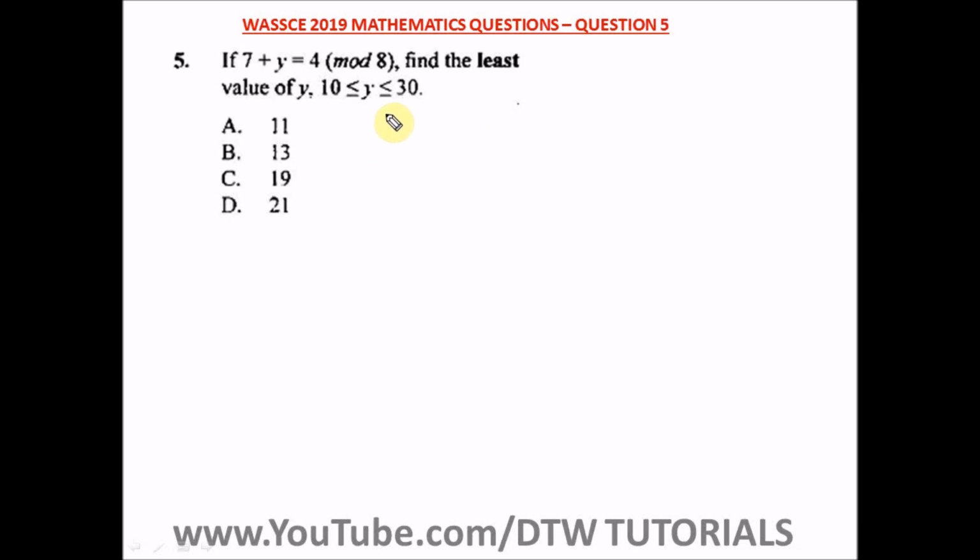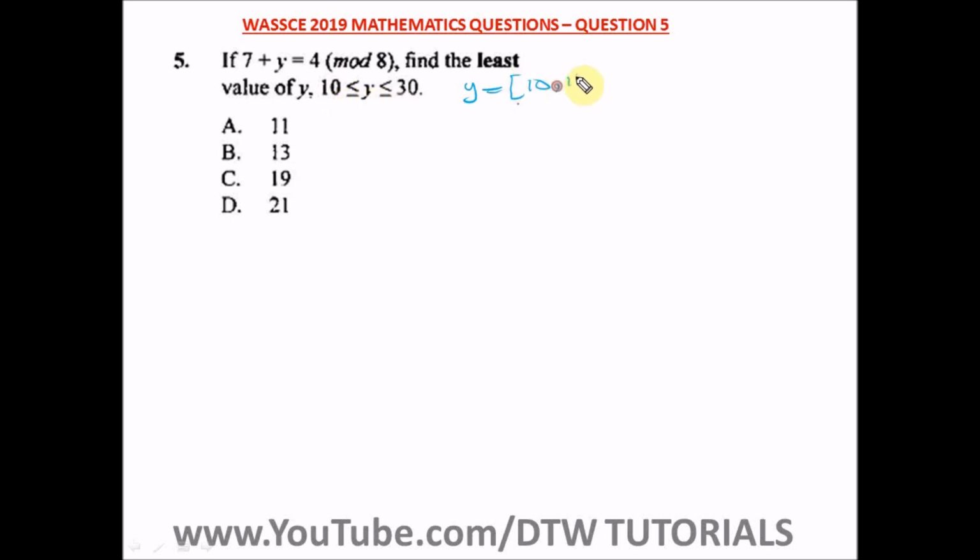So we have to find the least value. First of all, what's the range of values of y? What does this mean? Y is greater than or equal to 10, so y must start from 10 and go upwards.